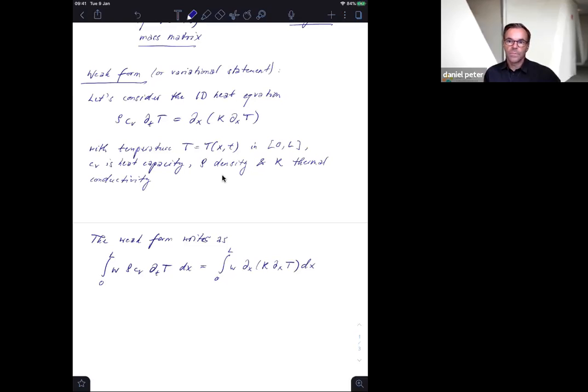And for that, we use the integration by parts. So when we do that, using integration by parts, then we have a minus integral of kappa times now the derivative of the test function times the derivative of the temperature field.